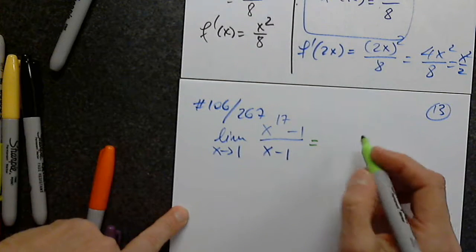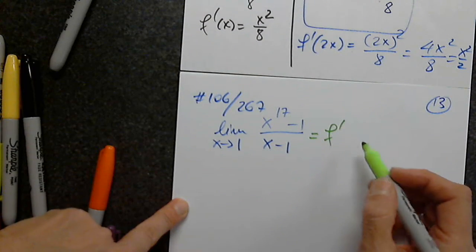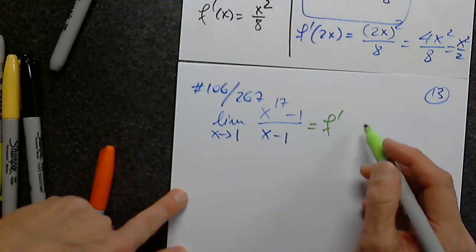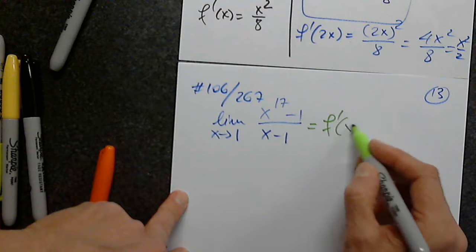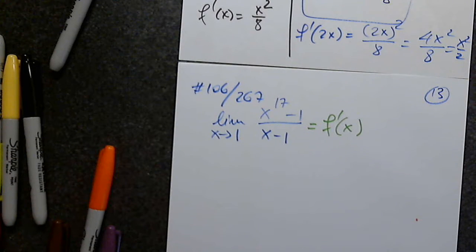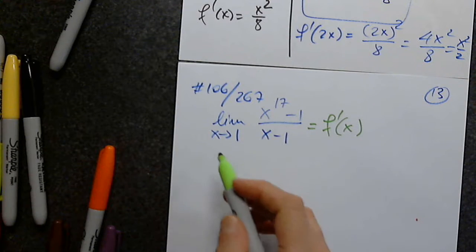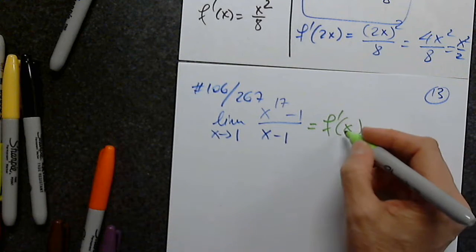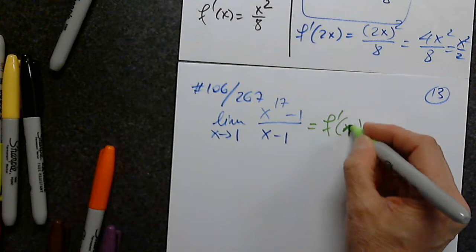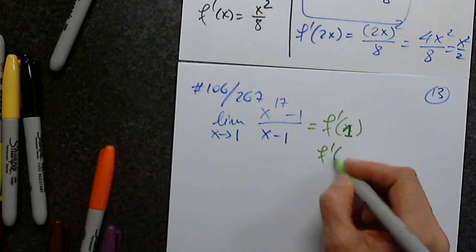Express the limit as a derivative. So this is the same as f prime of some x. I mean, some function, f prime of x. But I have to identify the function. Since x approaches 1, it's basically f prime of 1. This is similar to f prime of a.